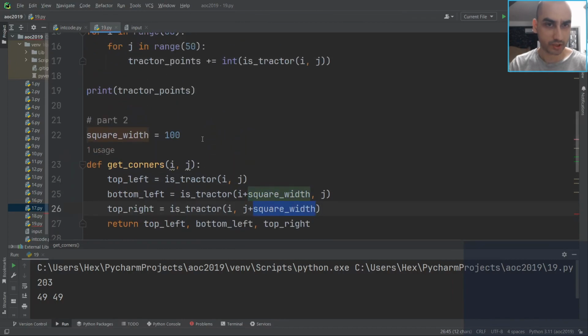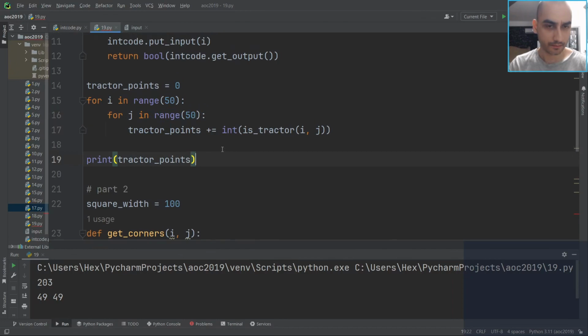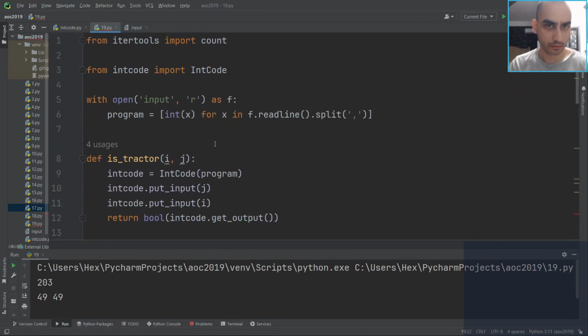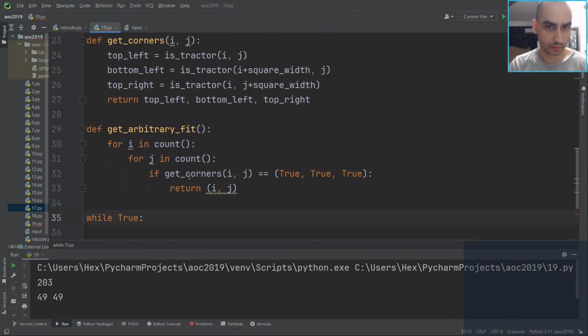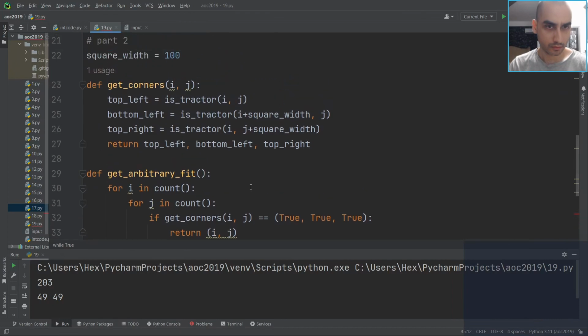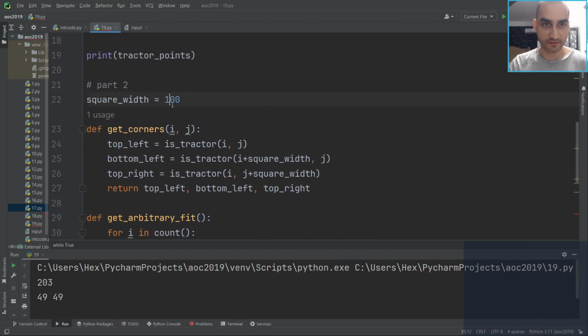Why is it suspiciously also the final point of this? Let me try different, like, I don't know, 50.